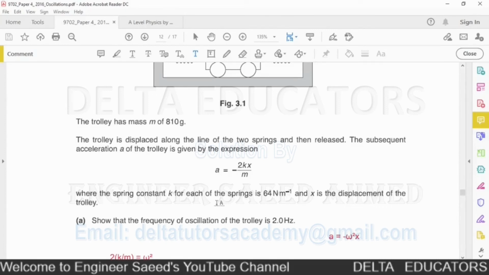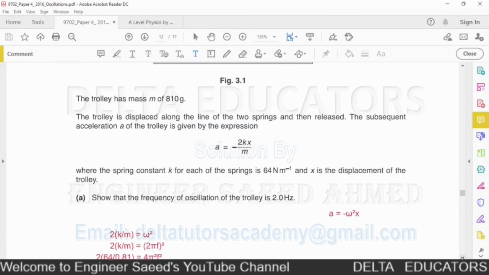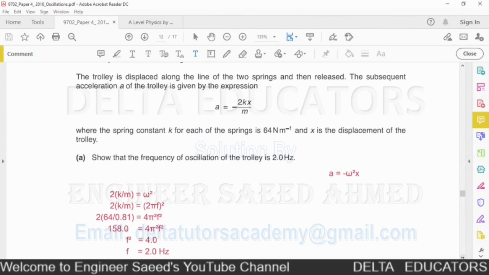Show that the frequency of the oscillation of the trolley is 2 Hz. Here we have to find the value of frequency and show that it is 2 Hz. For simple harmonic motion, we have studied the formula a is equal to minus omega square x, where a is acceleration, omega is angular frequency, and x is displacement. Here the acceleration is given as a is equal to minus 2kx over m.